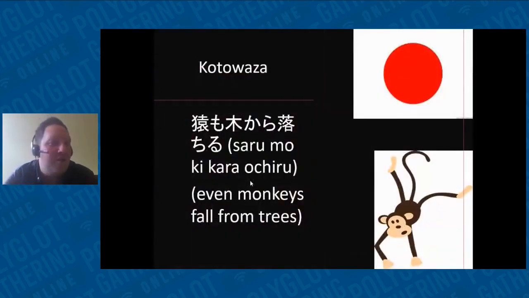And then also, if anybody studies Japanese, I think these kotowaza, the Japanese proverbs, there are some really lovely ones, and I really like this one, that even monkeys fall from trees, so nobody is perfect. And again, I can't think of anything this nice in English to express this idea that you can't be great at everything, and there can still be problems.